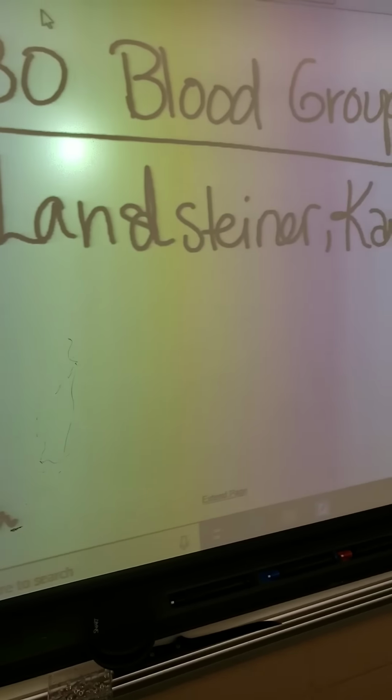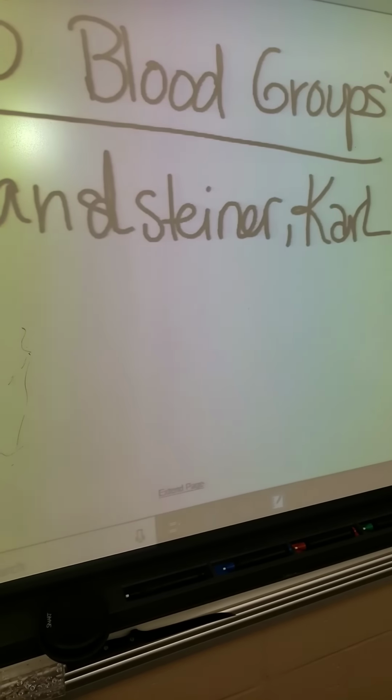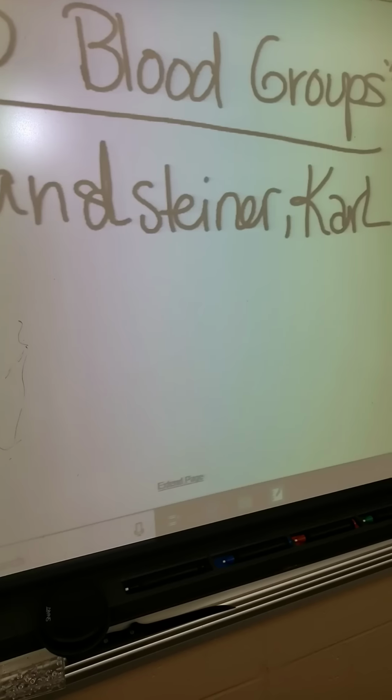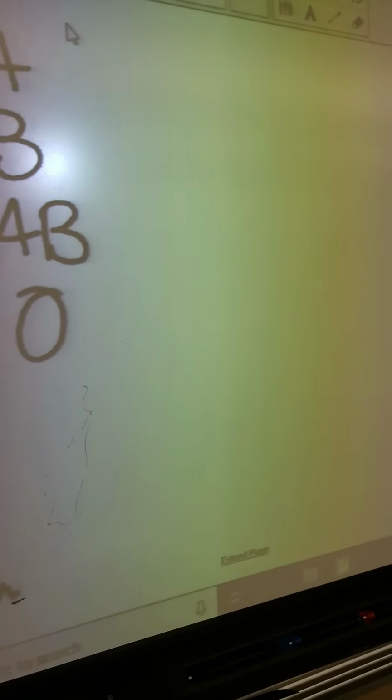You can either have type A blood, type B blood, type AB blood, or type O blood. A, B, AB, and O. Those are your 4 main blood types.